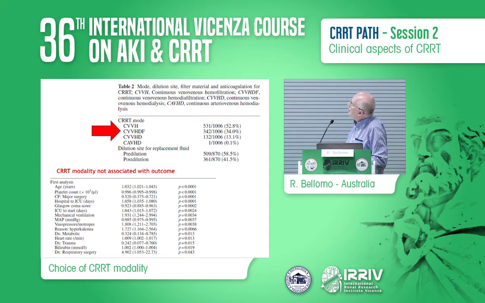And what about pre-dilution and post-dilution? You can see that pre-dilution was dominant over post-dilution, but it wasn't far from 50-50, which is kind of what you'd expect, I guess.